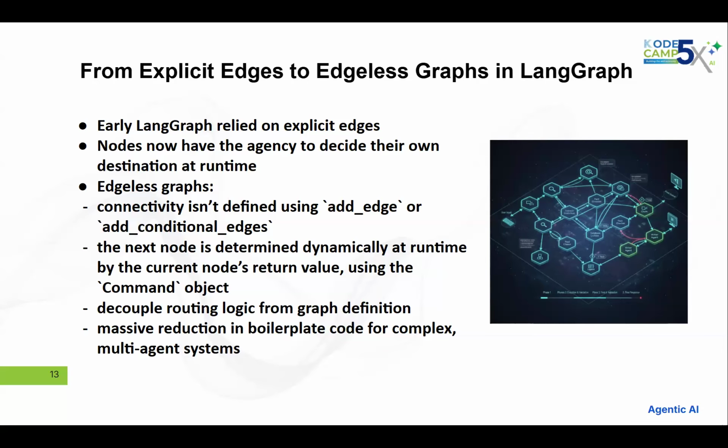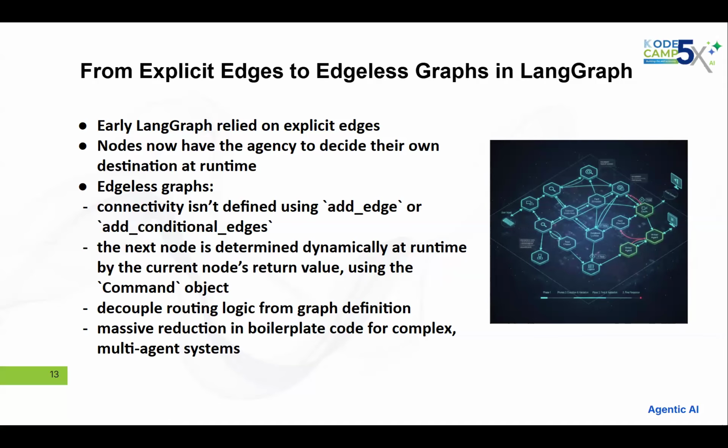Now, in edgeless graphs, a node has the ability to decide on the next node itself. When we talked about the graph's explicit edges, we talked about the different methods you can use to define edges.